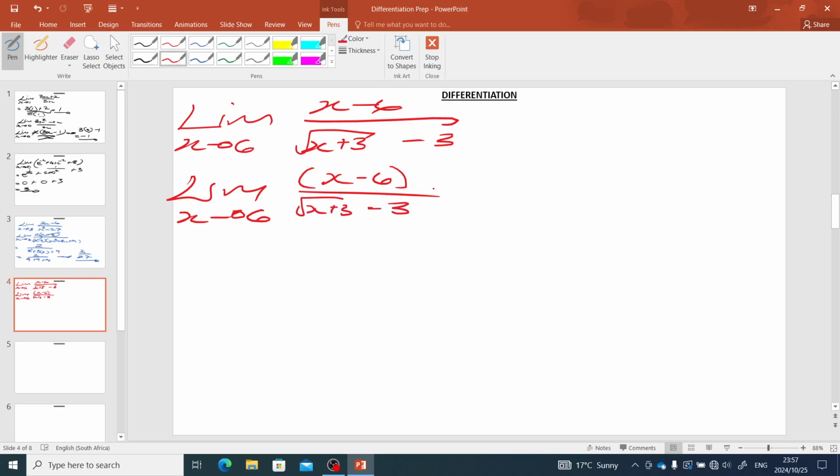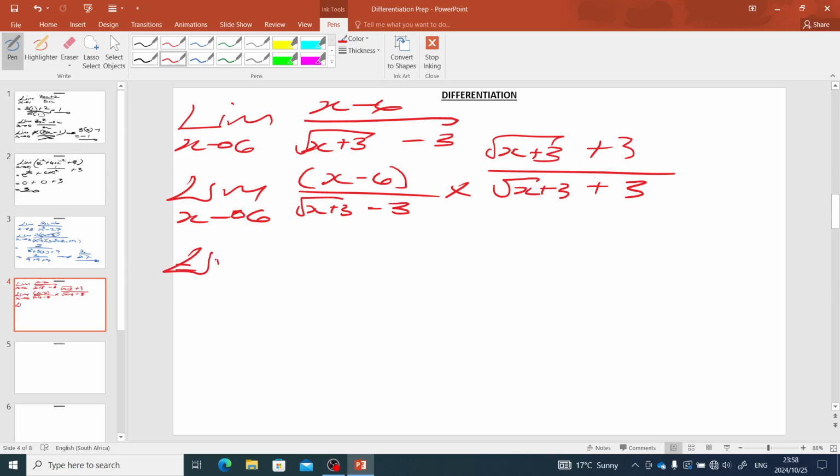When we are rationalizing, it will be multiplied by the square root of x plus 3 plus 3, divided by the square root of x plus 3 plus 3. Then from here we can multiply. When we multiply the numerator and everything on the denominator, this is what we will have.